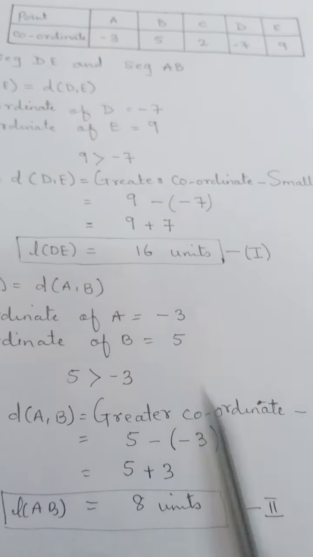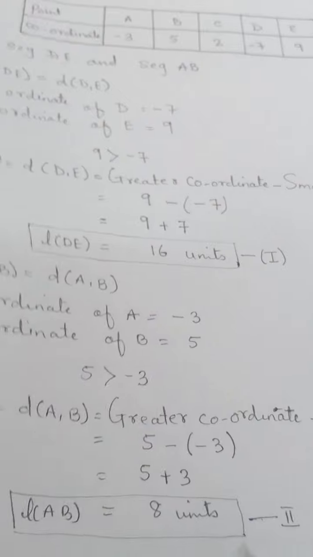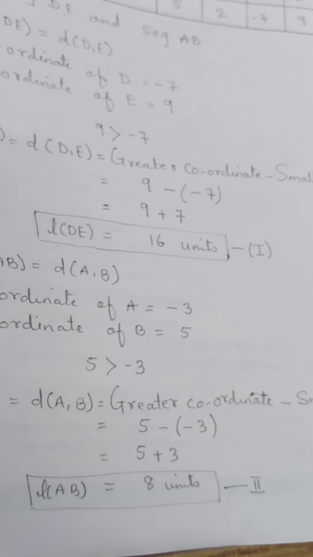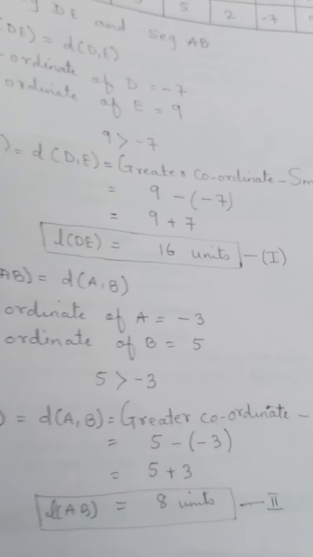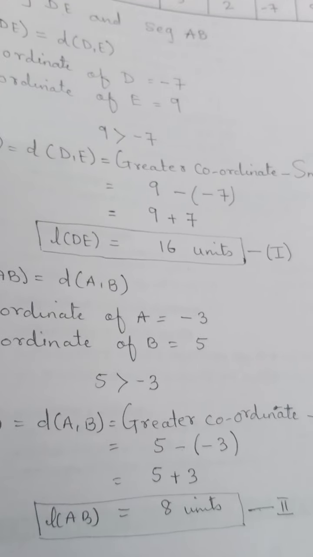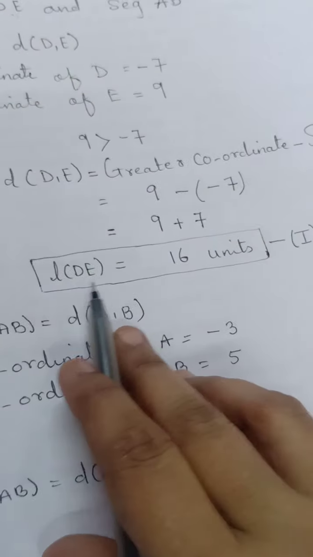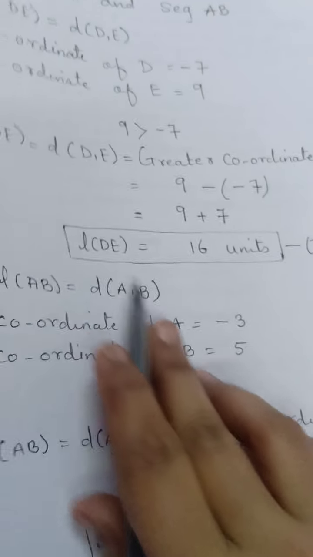Whenever we compare these two equations, we are not getting the same answer. So from equation 1 and 2, if we see here 16 and here 8, we can write that length of DE is not equal to length of AB.